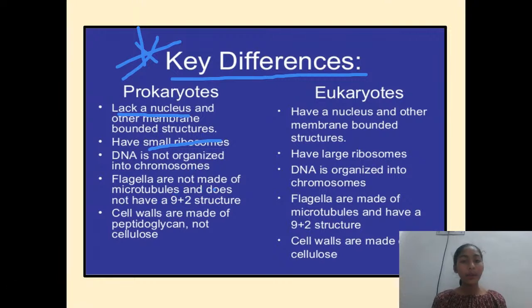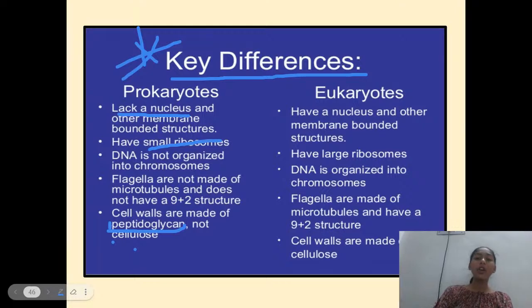Flagella are not made of microtubules and do not have a 9 plus 2 structure. Cell walls are made of peptidoglycan, not cellulose. This is some other substance, unlike cellulose. So cell walls of prokaryotic cells are made of this and not of cellulose, but the cell walls of eukaryotic cells are made of cellulose.